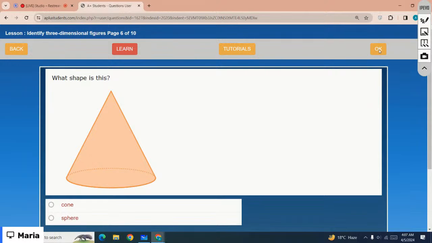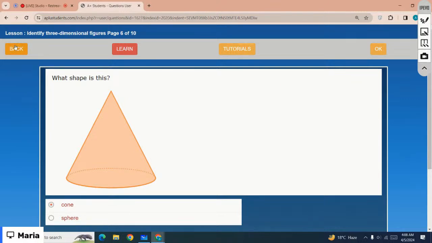What shape is this? Yes, cone it is. The correct option is cone.